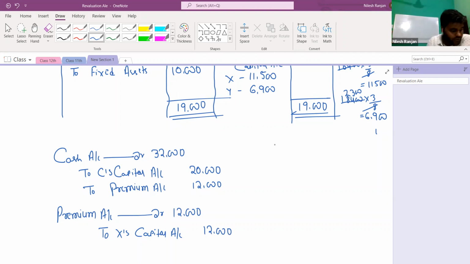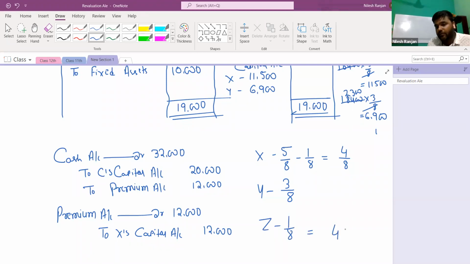The old ratio of X is 5 by 8, and he's giving 1 by 8 to Z. So his new profit sharing ratio will be 4 by 8. Y's profit share was 3 by 8. It will be the same because he did not sacrifice anything. And Z will get 1 by 8. So the new ratio will be 4 is to 3 is to 1. Because all the denominators are the same, we converted the fraction into ratio. Is that clear? Yes.